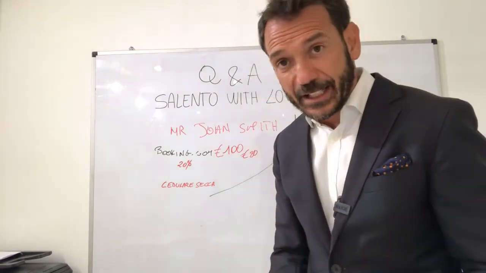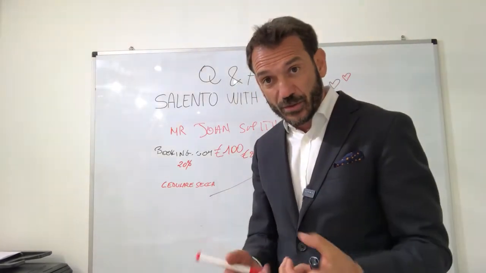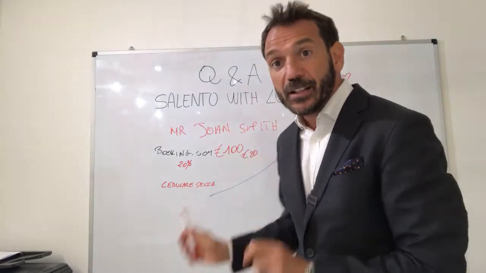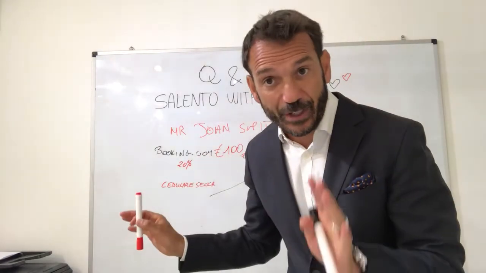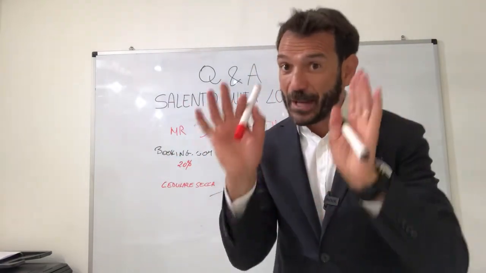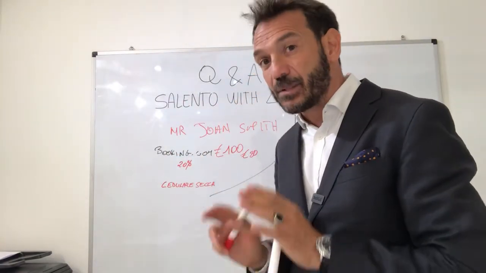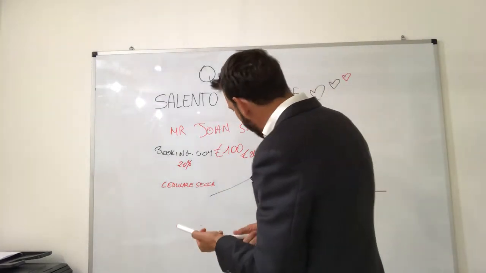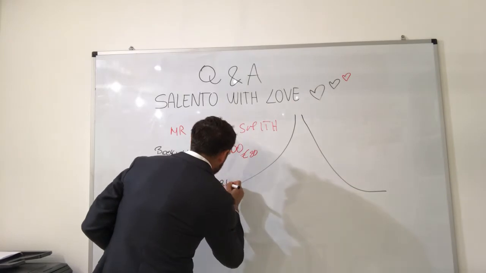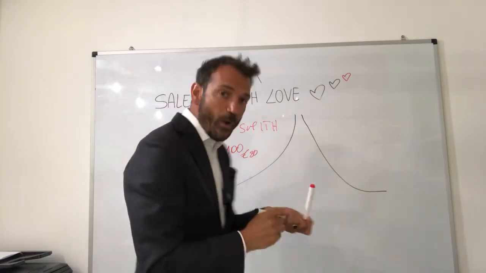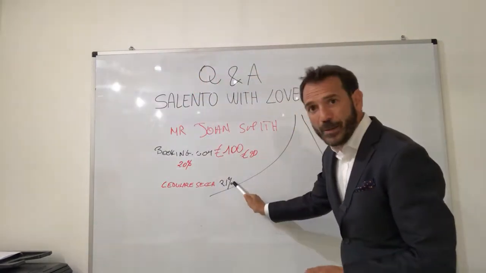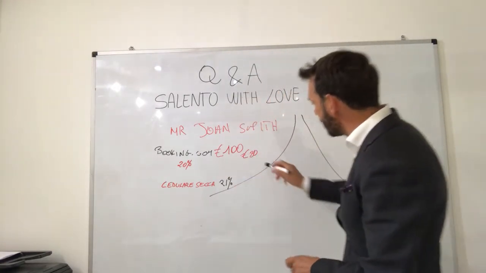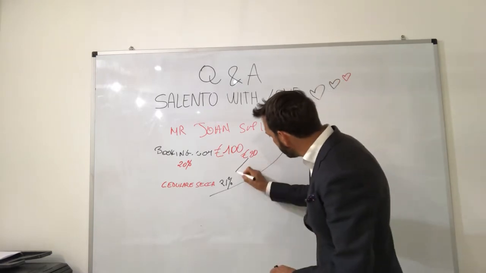Cedolare secca is an option you can choose to pay a fixed amount of tax in Italy on what you receive from rental revenue. Not from anything else, we're talking about rental, in this particular case short-term rentals. So Cedolare secca allows you to pay 21% of the 80 euros.